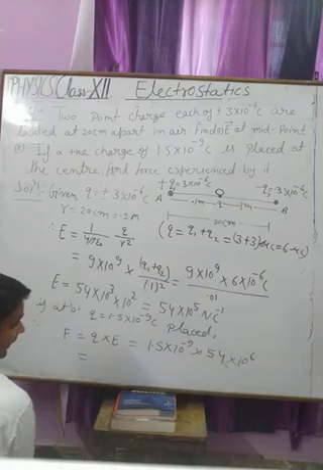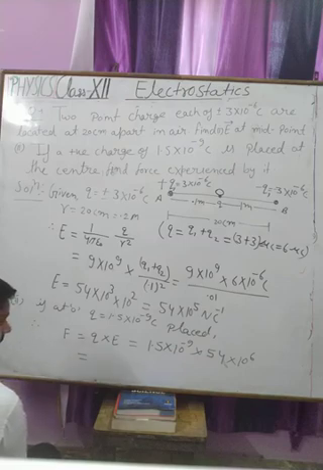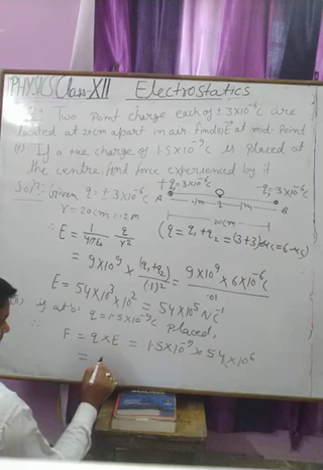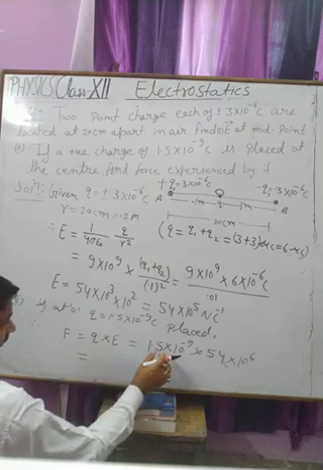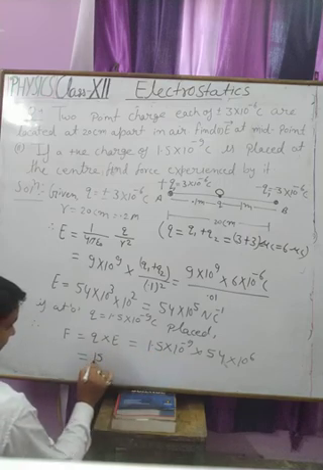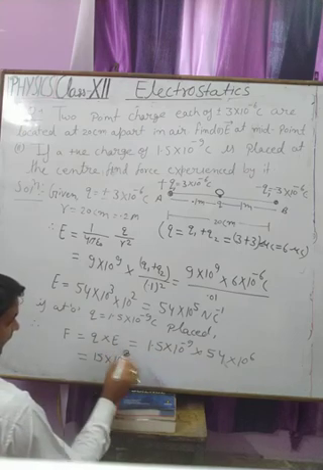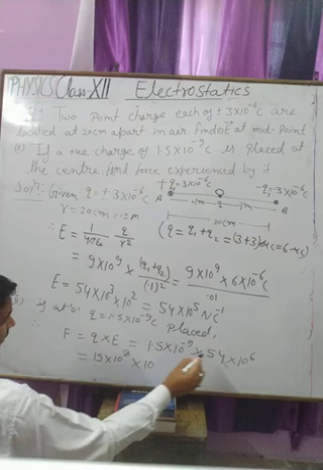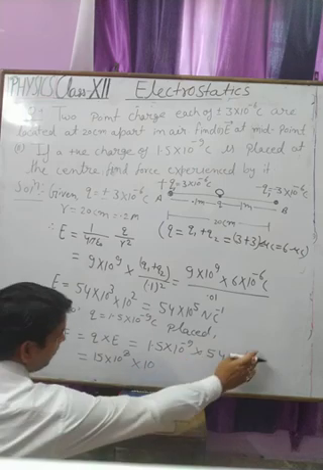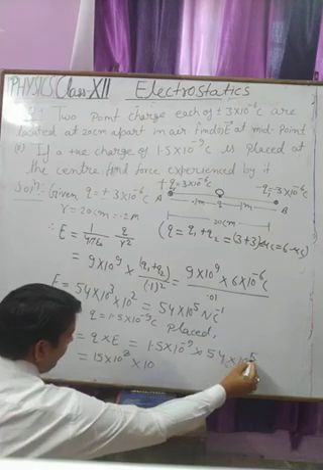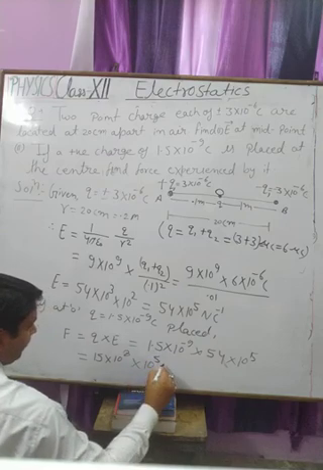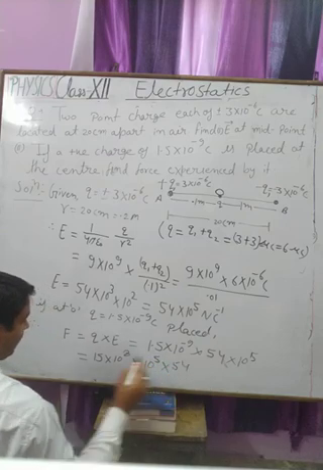So student, we are calculating this: 15 into 10 to the power minus 10 into 10 to the power 5 into 54.